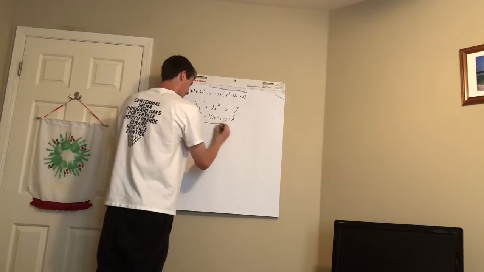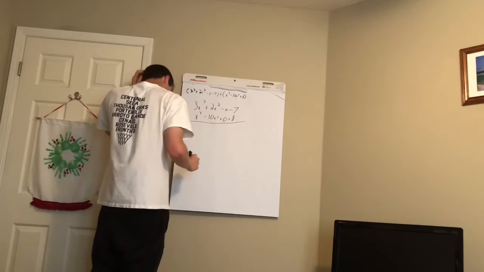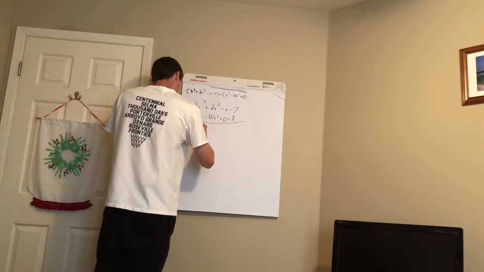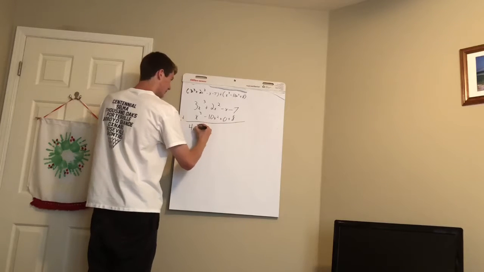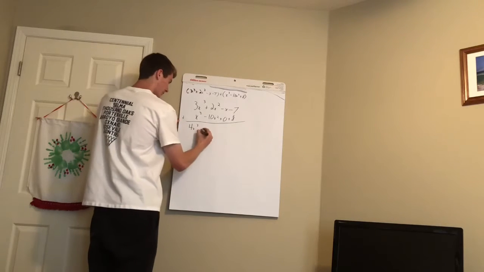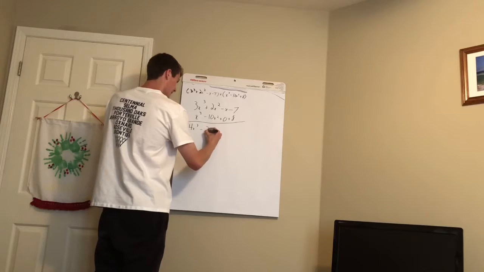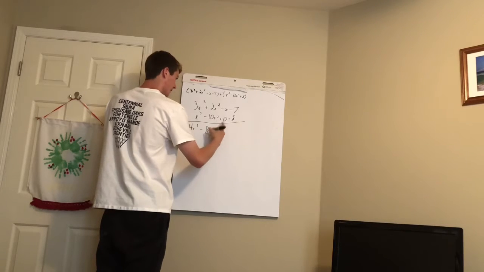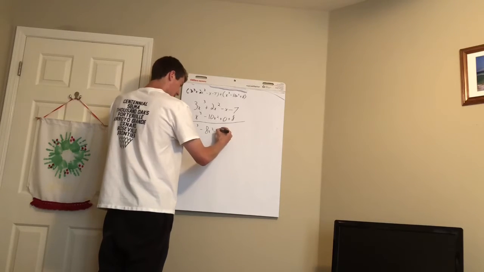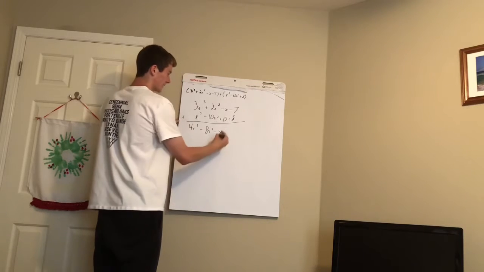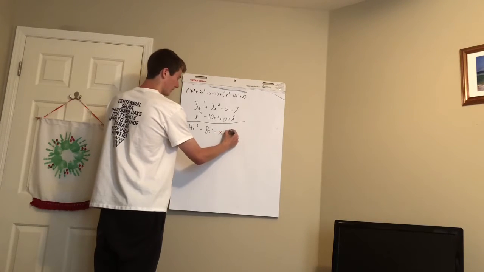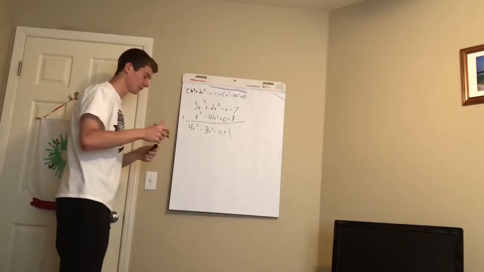And all of this is being added. So this would obviously just be 4x cubed. This one would be minus 8x squared. That's still minus x. And then 8 minus 7 is 1. So that's how you do those types of problems.